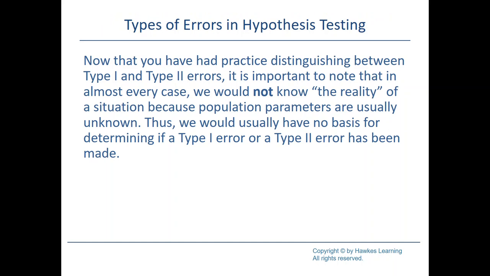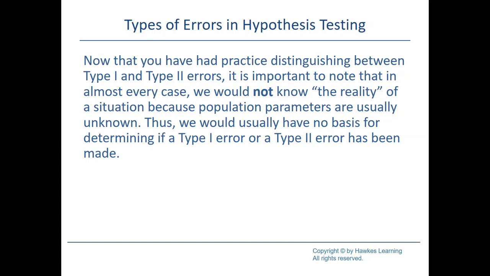Okay, now that you have practiced distinguishing between a type 1 error and a type 2 error, it is important to note that in almost every case we would not know the reality of the situation. Those population parameters are usually unknown. We don't really know the actual truth.